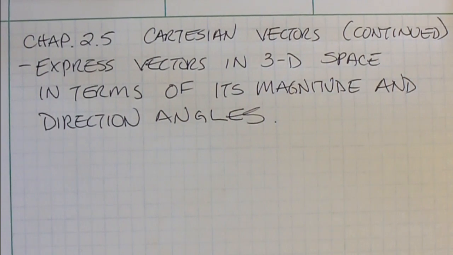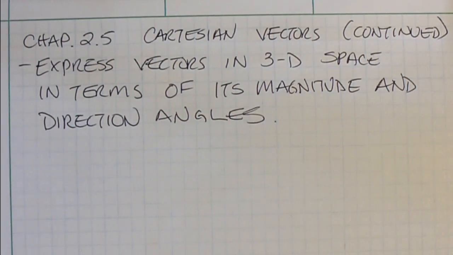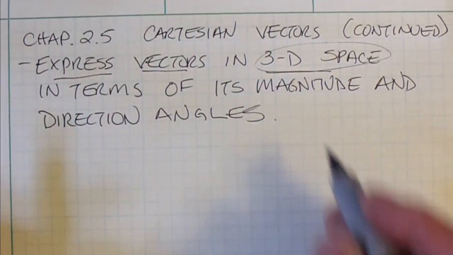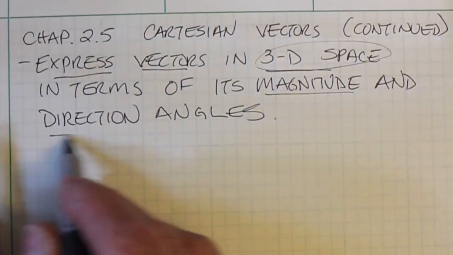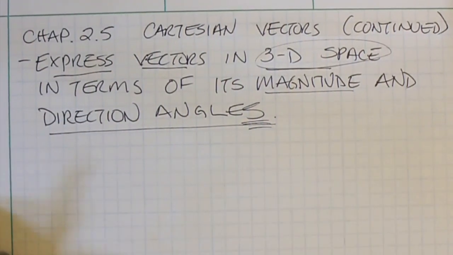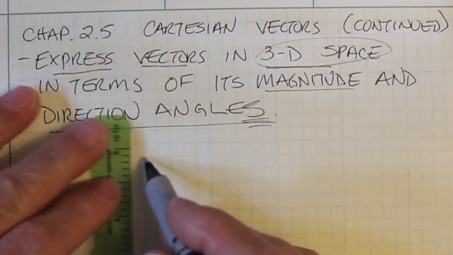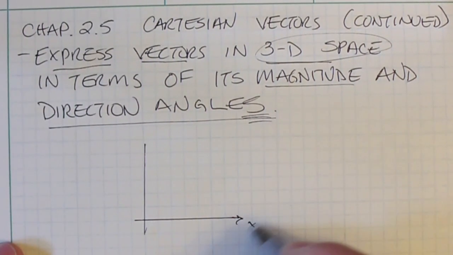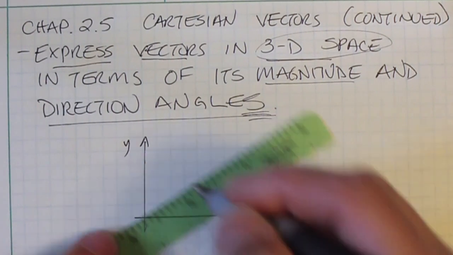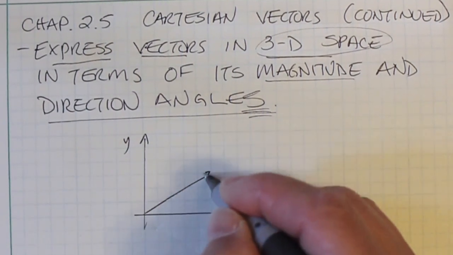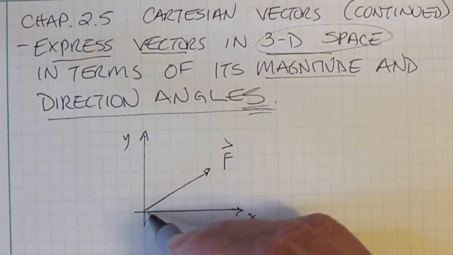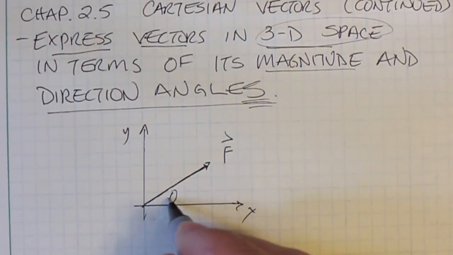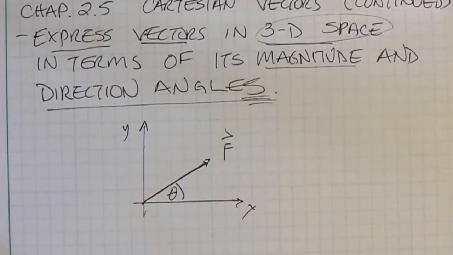Chapter 2.5 has to do with Cartesian vectors, and what we want to do now is to express the vectors which is in 3D space in terms of its magnitude and direction angles. So in 2D space, it was very simple. If we had a force vector that lay in a plane, xy, and it was directed that way, we would know its magnitude, which would be the length of this vector, and the direction of it, we just needed to specify one angle.